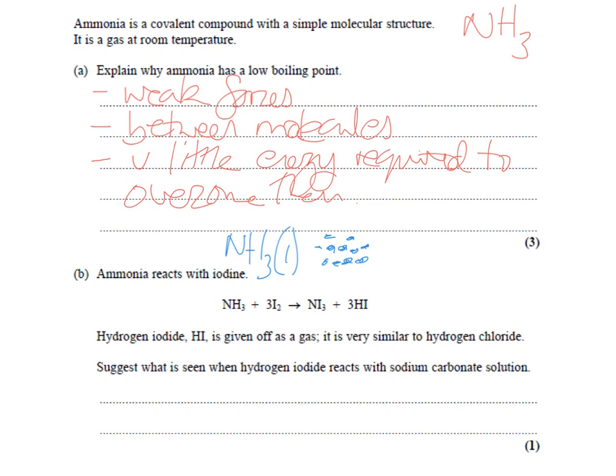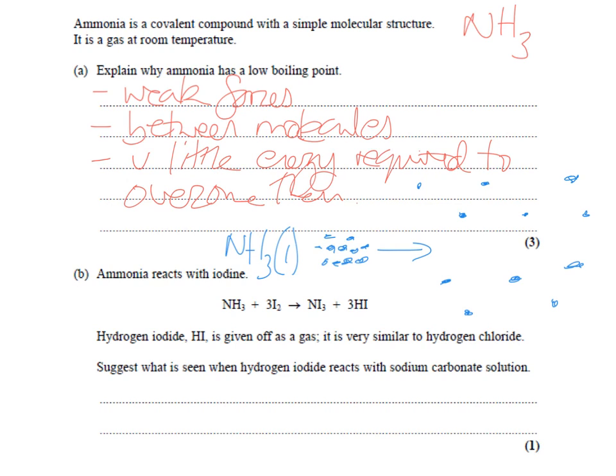Now when I boil NH3 and I turn it into a gas, what happens is that the molecules move further away from each other. They're still NH3. No bonds have been broken, but I've just pulled them further away from each other.